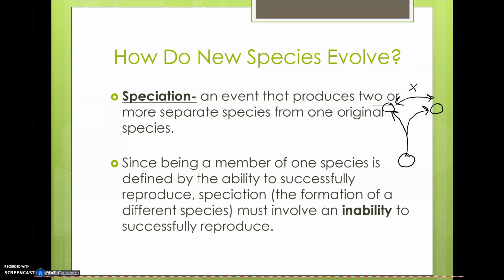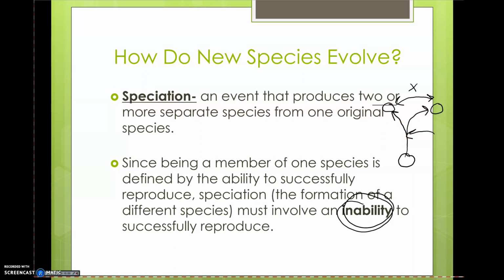So, since being a member of one species is defined by the ability to successfully reproduce and have offspring that can have their own children, speciation, like right here where these things diverged, involves the inability to reproduce with one another. What happened here, with this little arrow I put right here, was they got split apart and they were no longer able to get to each other to mate anymore.